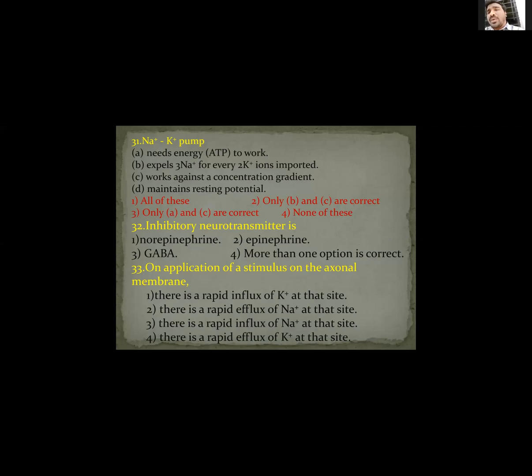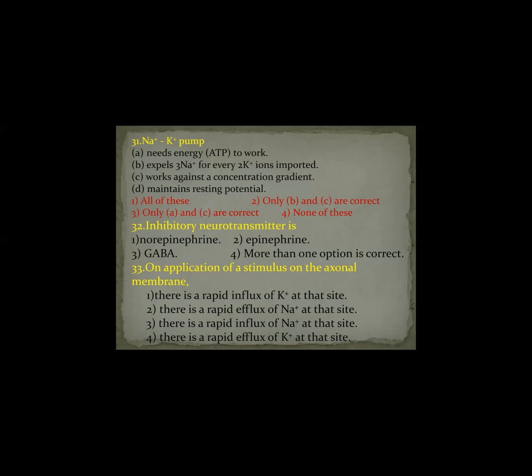So for 2 potassium ions influx, 3 sodium ions efflux takes place. This statement is also correct regarding the sodium potassium pump. Next, it works against the concentration gradient, as the pump does. Next, it maintains the resting potential, as the sodium potassium pump is responsible for the maintenance of resting potential.